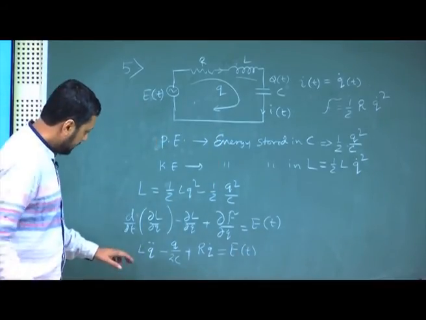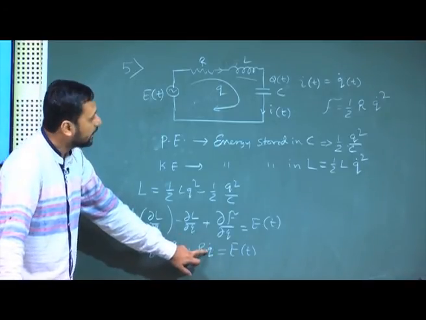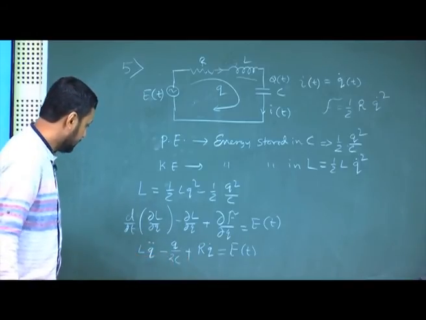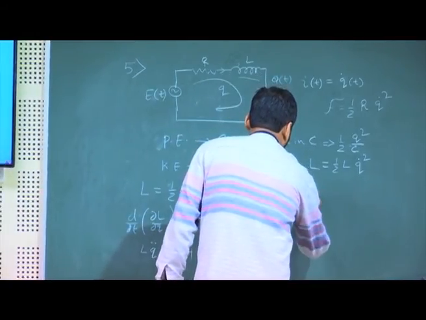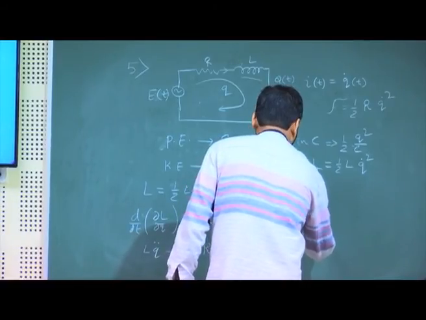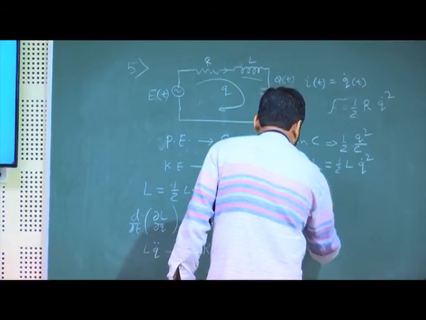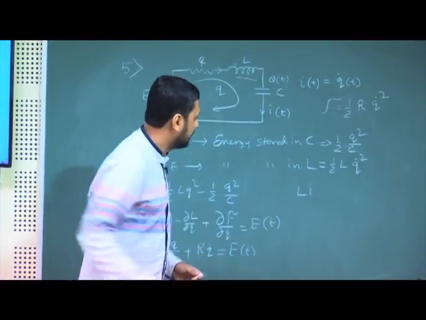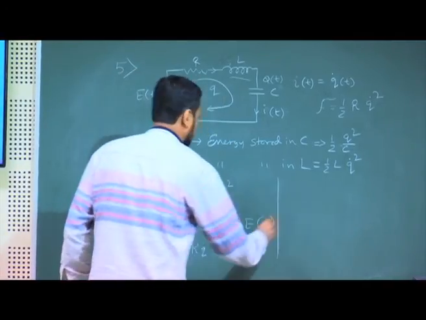Now, if instead of writing Q dot, we write I, how does this equation look? I will write it in long notation just to make it look a little familiar.